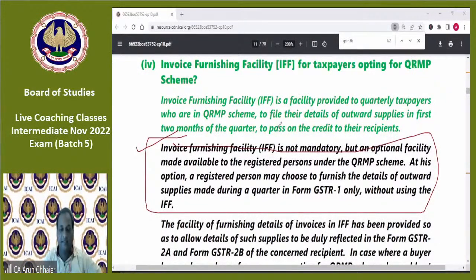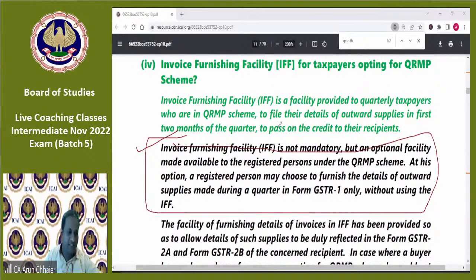When there is a tax liability in 3B, there is an automatic linking of 3B with PMT 06, but taxes are paid through 3B only. Taxes can never be paid through any other mode. But for IFF, they are saying only PMT 06 because the 3B is not available for month 1 and month 2.